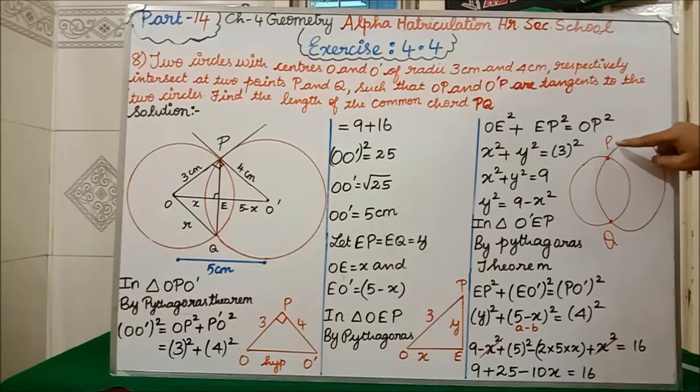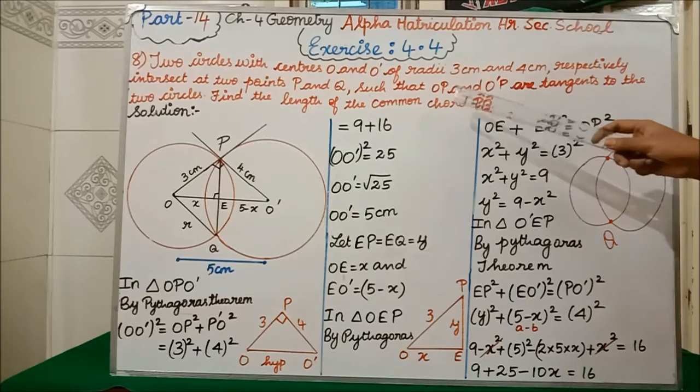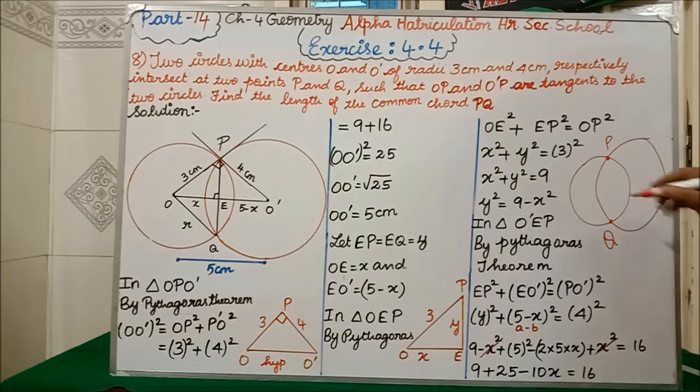The first point we are taking as P and the second point as Q. Such that OP, and in the center what do they ask us to take? The center which is O, and the other center is O dash.